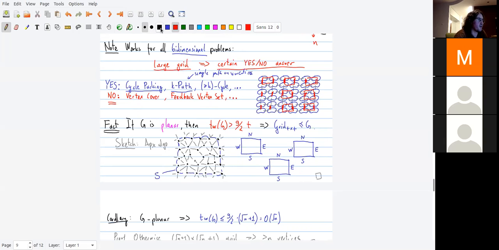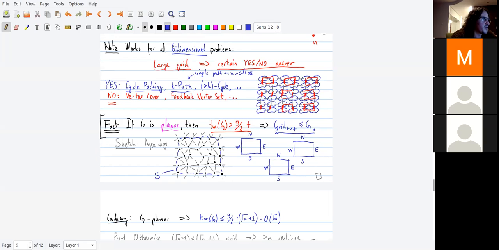Good. However, this technique actually becomes surprisingly powerful when we are looking at planar graphs. In planar graphs, the grid minor theorem is much better, in the sense that if I have a planar graph that has large treewidth, more than 9/2 times t, then it must have a t times t grid as a minor.